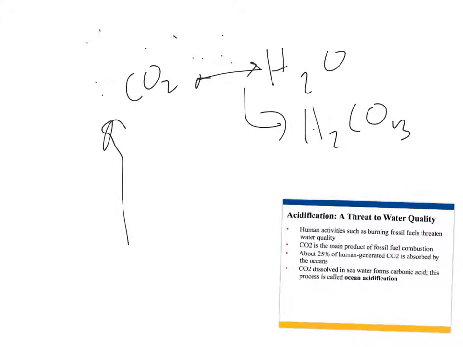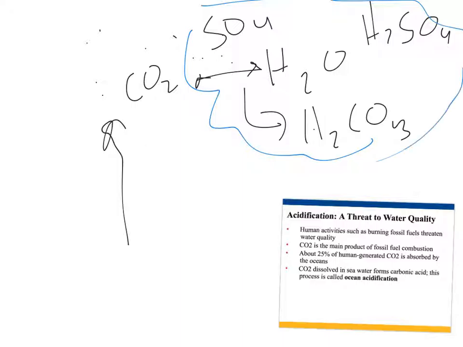There's also sulfates that burn off, and that produces H2SO4, sulfuric acid. That's found in your little clouds out here, because clouds are basically just water vapor.